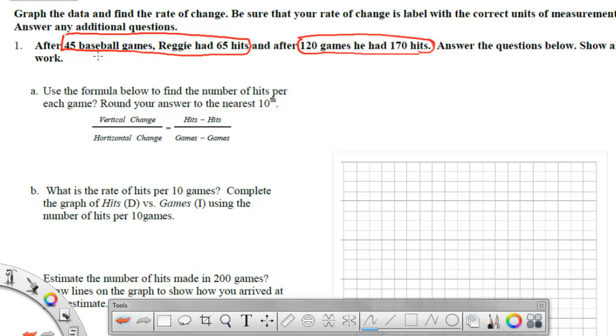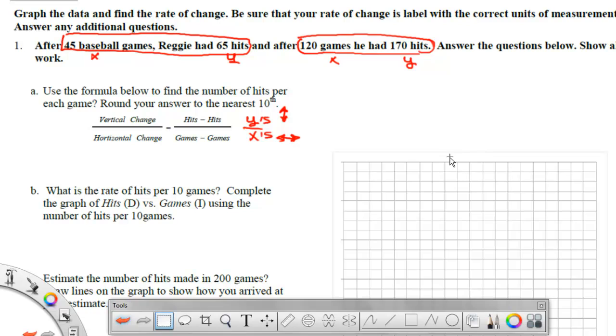The games are going to go along with the X's, and the hits are going to be the Y's. There's a couple of reasons why you know that. If you look at the formula, I say the vertical change is hits minus hits. Well, we know the rate of change is the Y's over the X's. Vertical change goes up and down with the Y's. Horizontal change goes left to right for the X's.